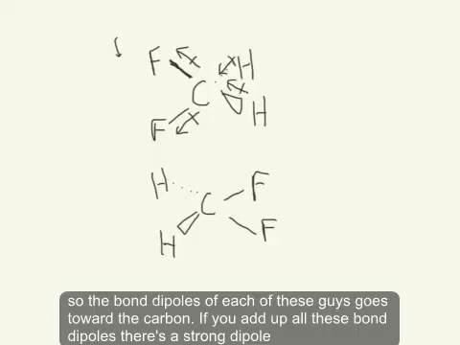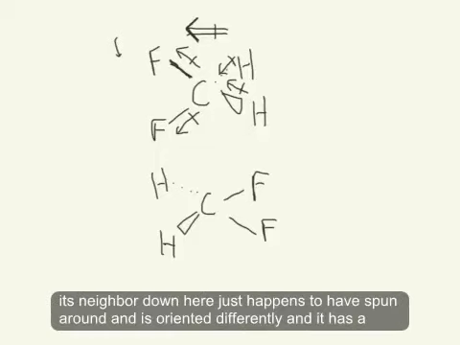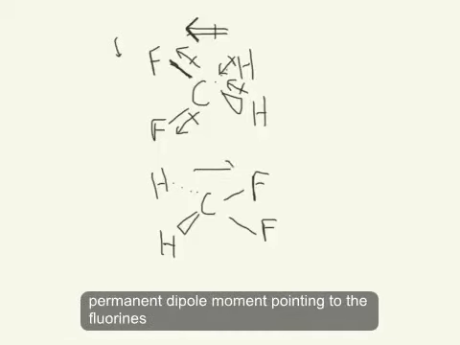So overall, if you add up all these bond dipoles, there's a strong dipole for this molecule going toward the fluorine side. And its neighbor down here just happens to have spun around and is oriented differently, and it has a permanent dipole moment pointing toward the fluorines.